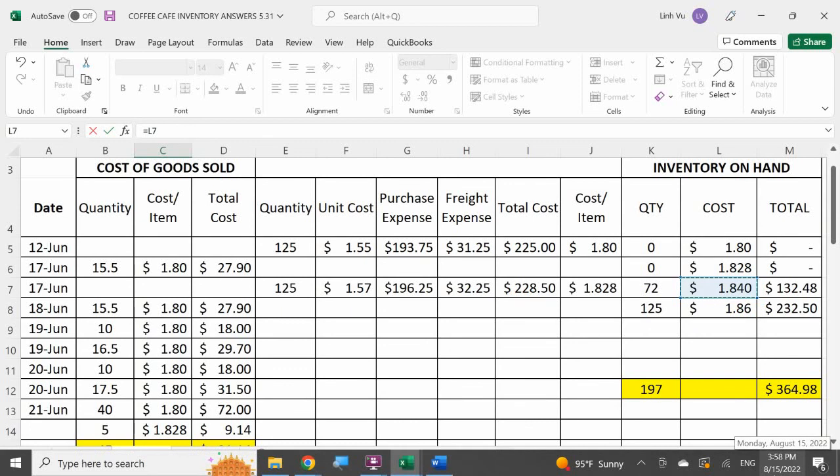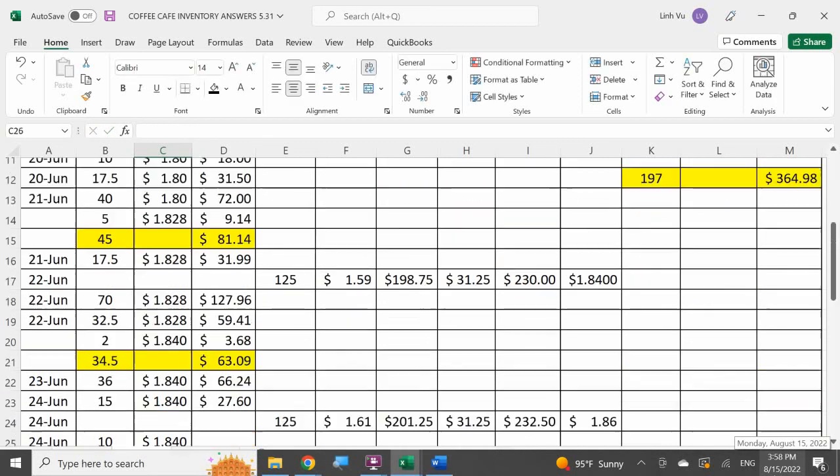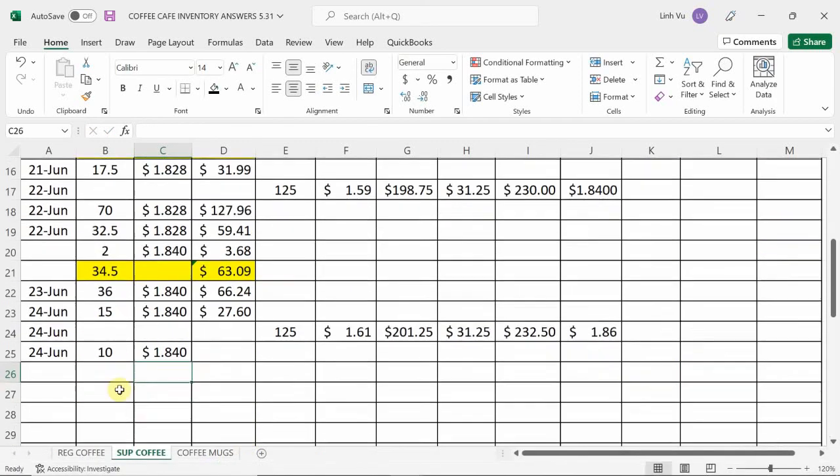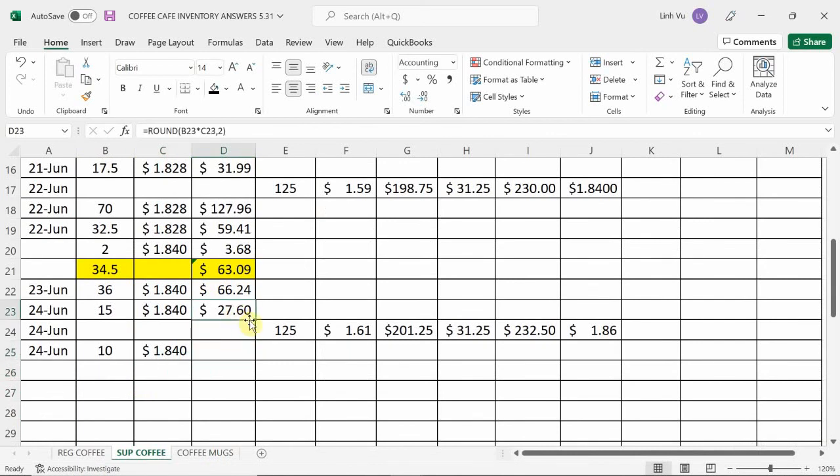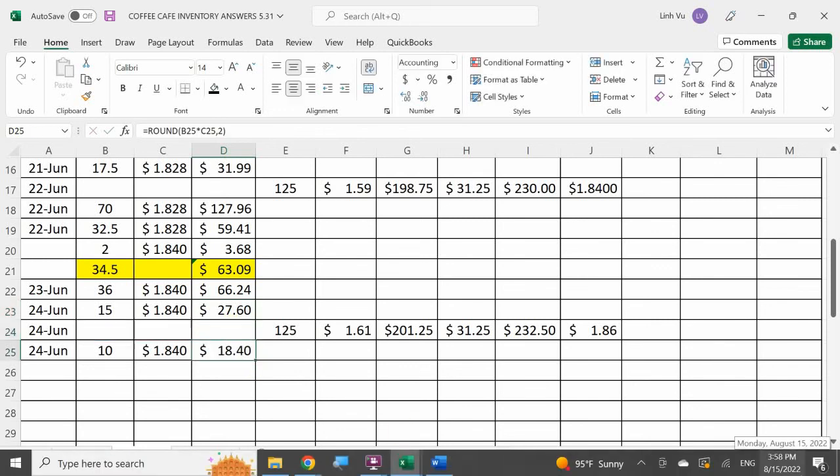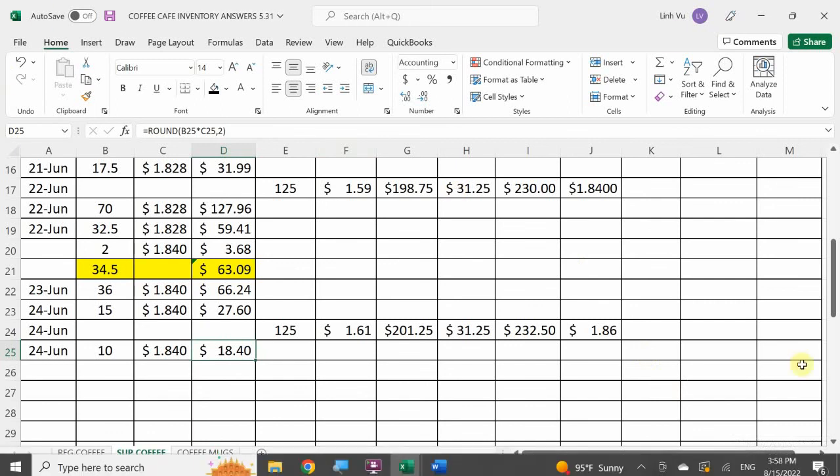We still have it, so it's still $1.84. So the grand total is $18.40. Good. So let's update my inventory.